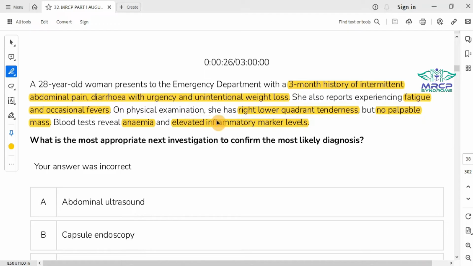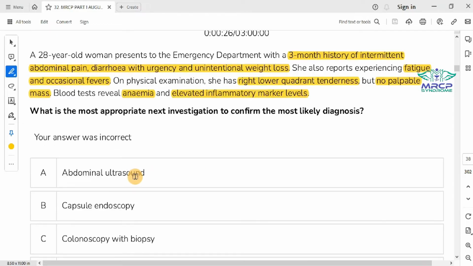The elevated inflammatory marker is more consistent with Crohn's disease rather than ulcerative colitis. Crohn's disease can affect any part of the GI tract, but the terminal ileum is the most common site.